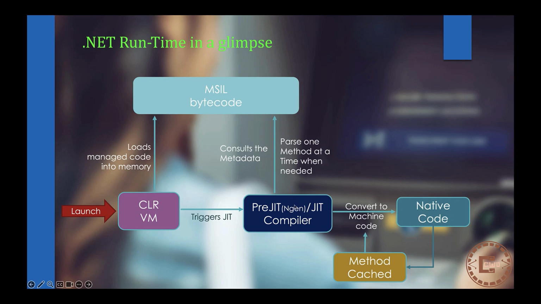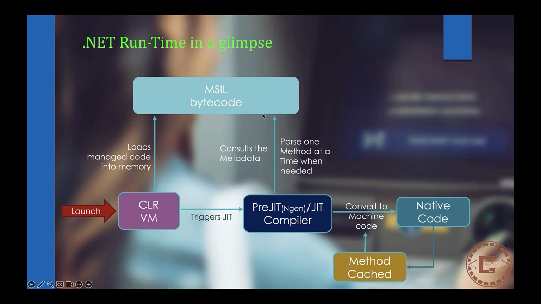Okay, the engine is the generation of this native code, and the method cache is just to save this conversion so that you save time. So in a glimpse, you load it from the beginning, get the MSIL code, and consult the metadata, all those different tokens that we just described.